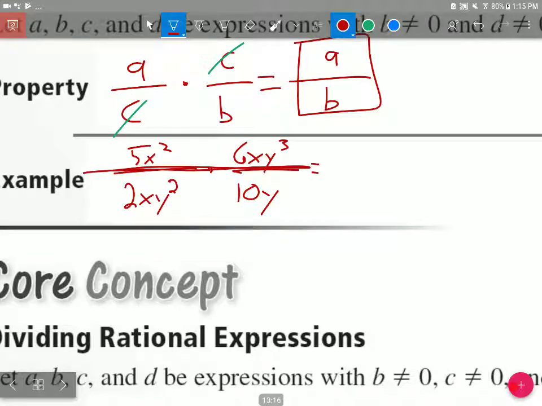So I've got 2 x's right here, and I have a third x right there. So I have 3 x's on top. How many x's do I have on bottom? 1. I got 1 right here. So what I'm going to basically do is go yoink, yoink. So that leaves an x squared on top.